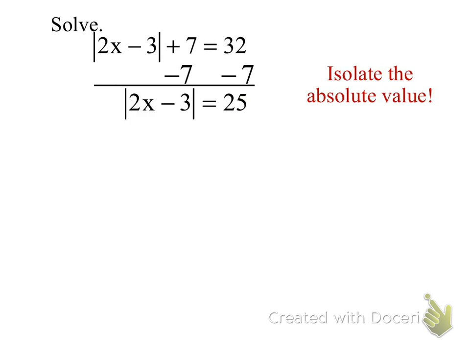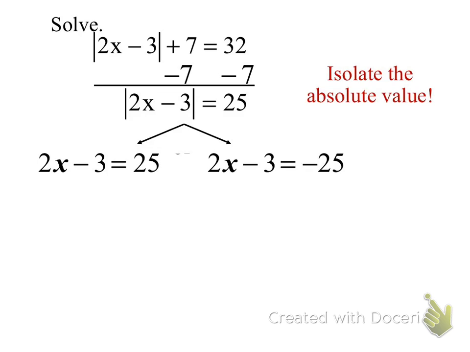And then, once my absolute value is alone, I set it equal to plus or minus 25. So 2x minus 3 equals positive 25, or 2x minus 3 equals negative 25. Okay, what would I do first?